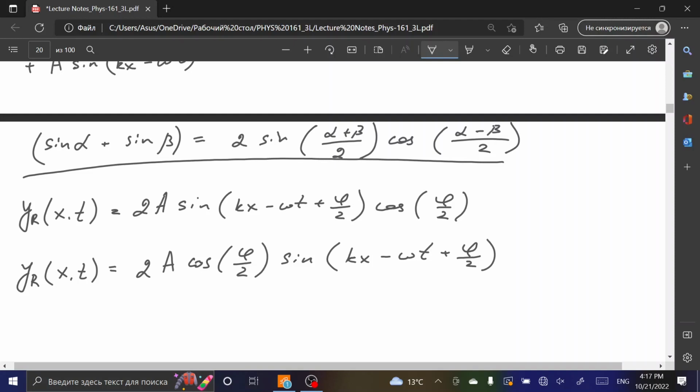So that is the resultant wave function of interference of two waves with some phase shift phi between them.